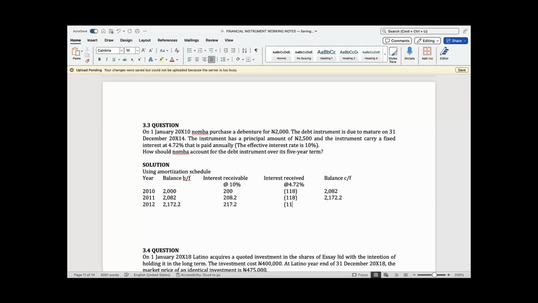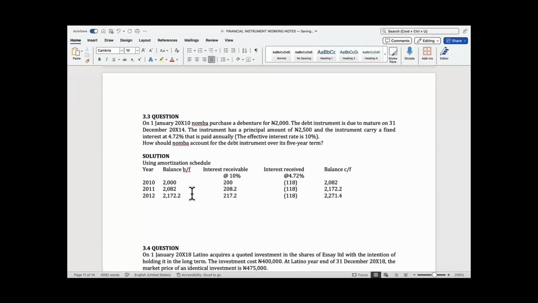This is still 118. 2,271.42. So this will be 227.1. What's the balance?